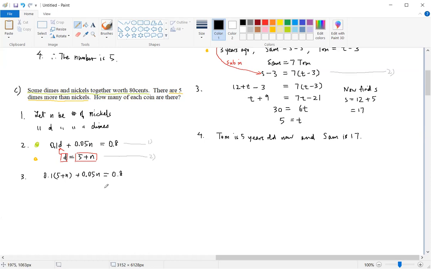The rest is clear. Then we just expand and simplify. Collect the N's, here you have 0.55. Move the 0.5 over, you have 0.3. So N equals 0.3 over 0.15. When you divide decimals, you make them whole numbers, right? So this is 30 over 15. So that's 2.